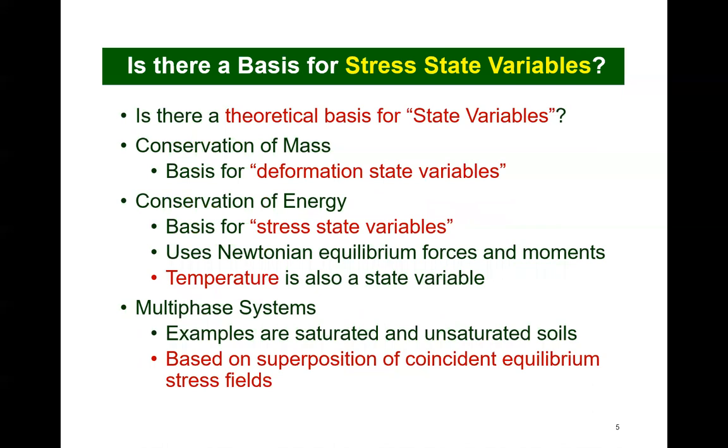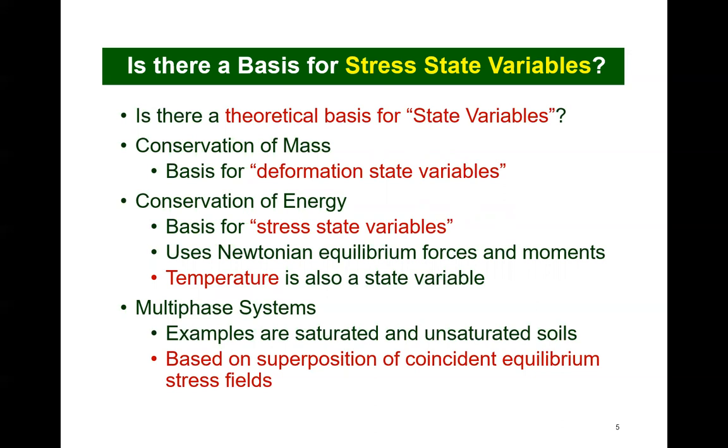A logical question to ask is, is there a theoretical basis for state variables? And the answer appears to be found in the application of the two most important conservation laws of physics, namely the conservation of mass and the conservation of energy. Consideration of the conservation of mass leads us to the selection of deformation state variables.